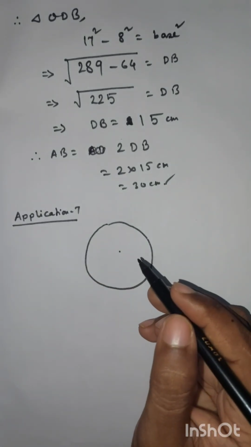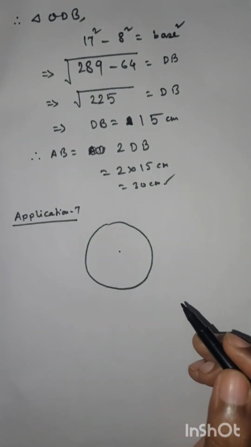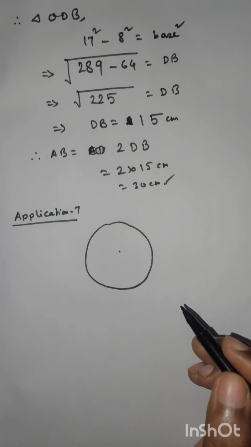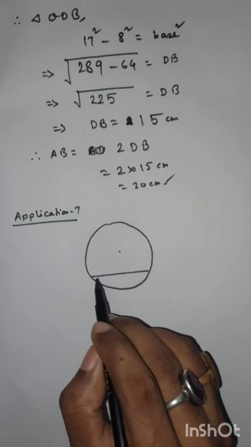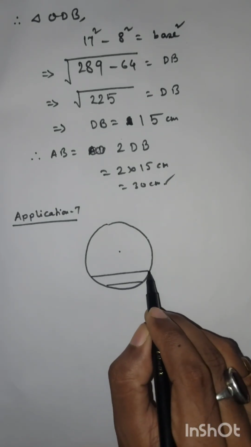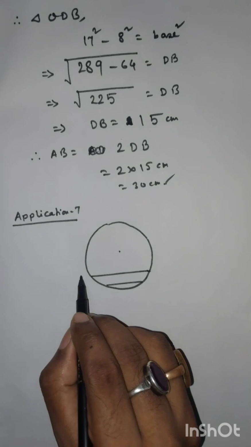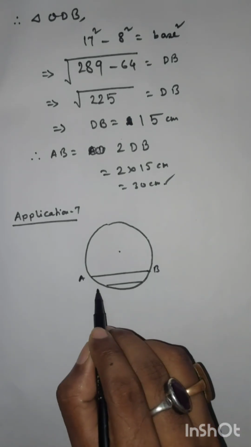This is the center. The lengths of two parallel chords of a circle. Okay, so we have to draw two parallel chords, AB and CD.